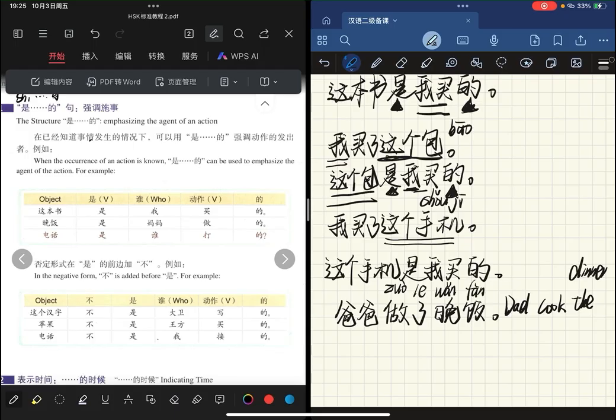So can you turn this sentence to the 是的 sentence? Okay, now I'll give you 5 seconds to think about it.